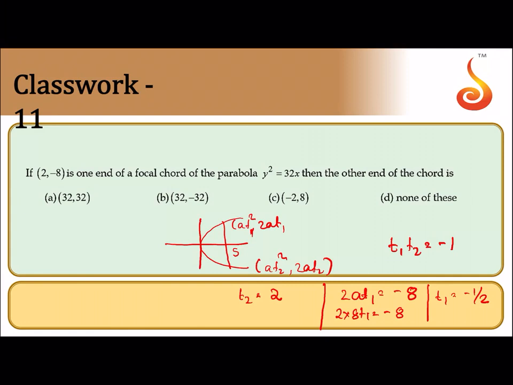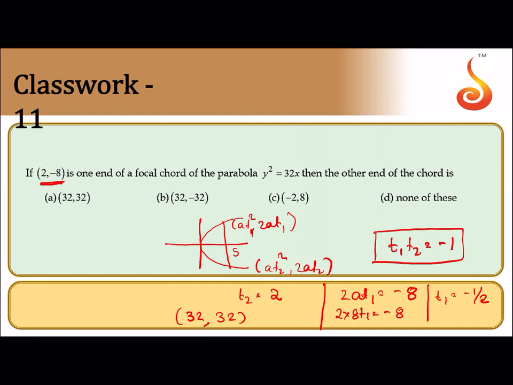So what is the other point? 2 2s are 4, and A is equal to 8. So we get 32 comma 32. So other point will give you 32 comma 32. So please remember this is the concept. T1 T2 is equal to minus 1. First, here 2A T1 you equate with minus 8.